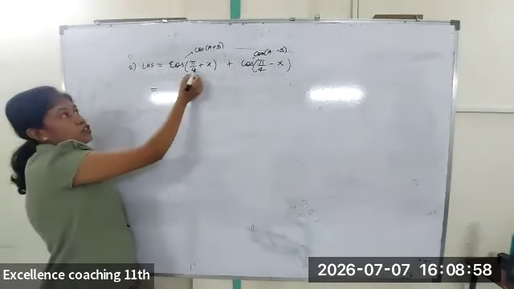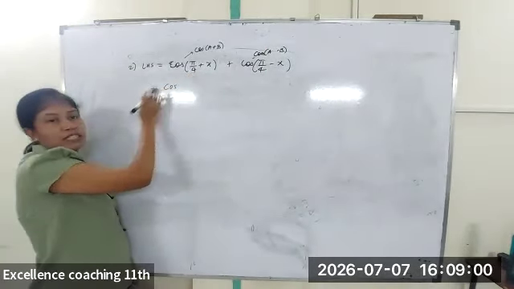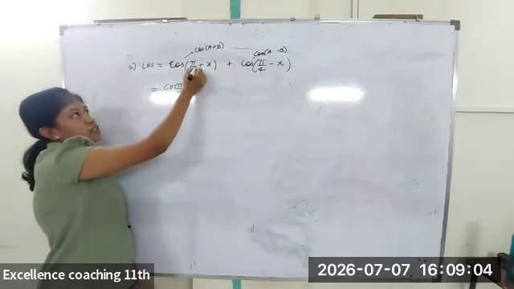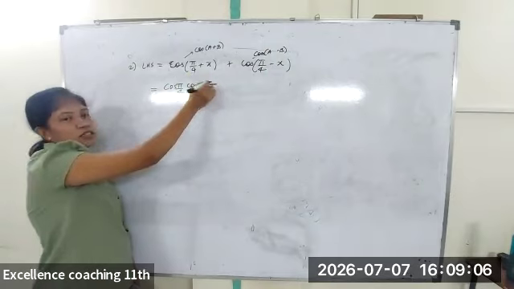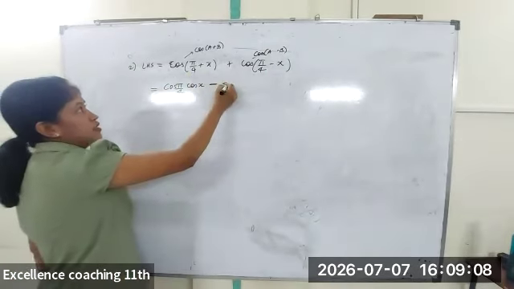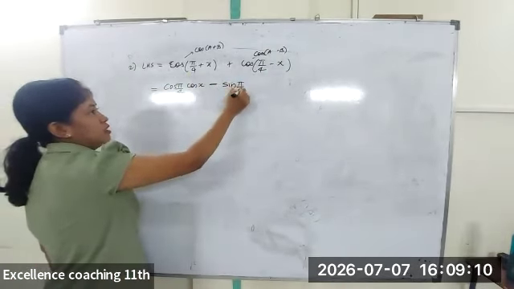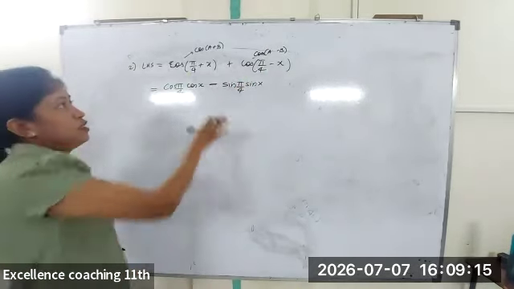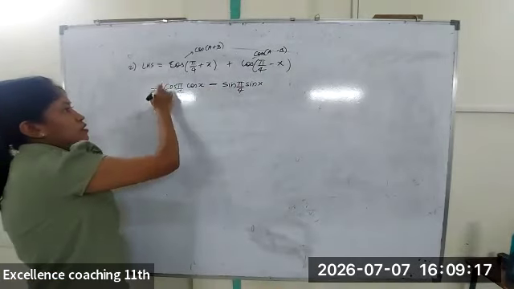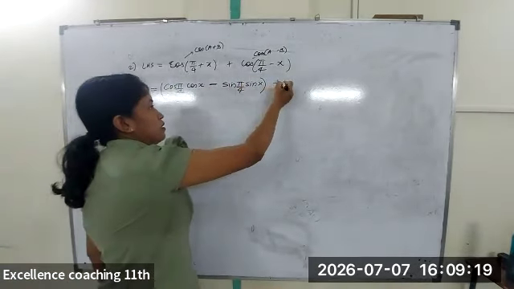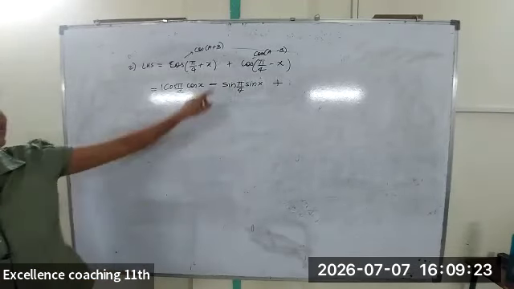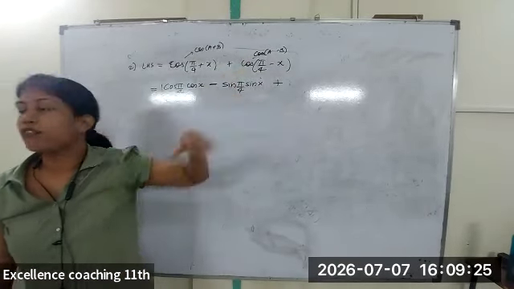See, cos of a plus b means the angles are separate, both the angles separate. Now here is the minus sign, sin pi by 4, sin x. Both the angles: this is like a and this is b. So this is the answer of this one. No need to put a bracket actually because this is a plus sign. Only if there is a minus sign here, then we have to use brackets.